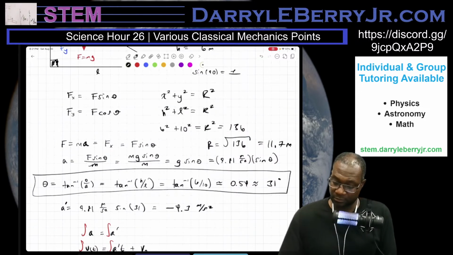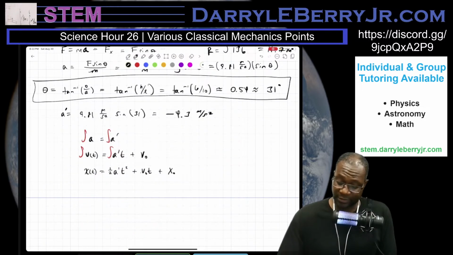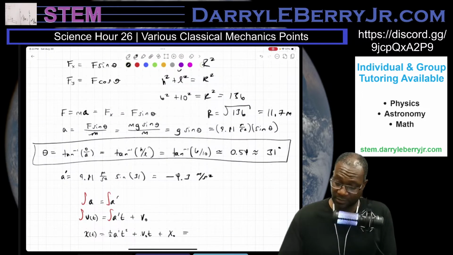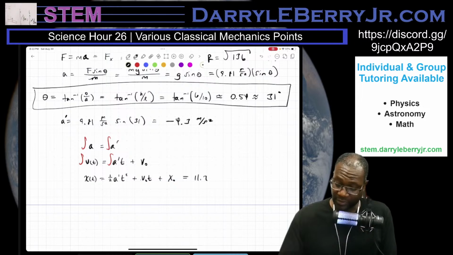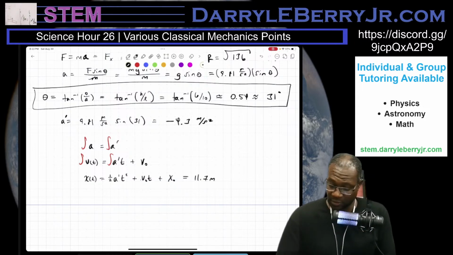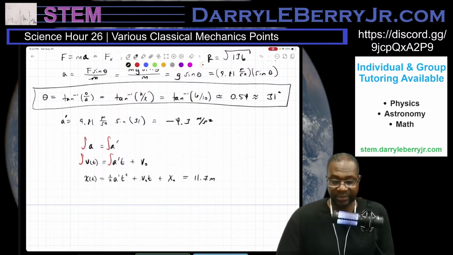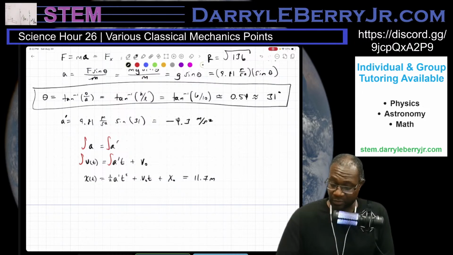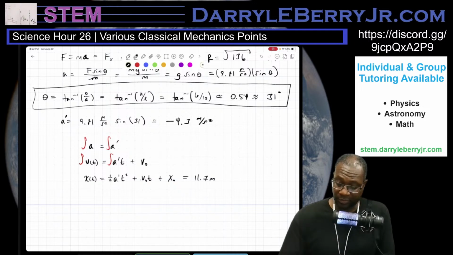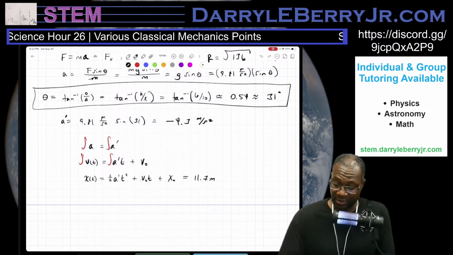And we know that the full distance is 11.7 meters. So what we can do here is figure out how long it takes for the block to go down. And we can use that to plug it into here to get the velocity.